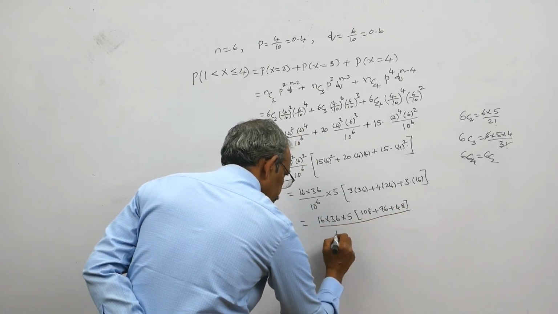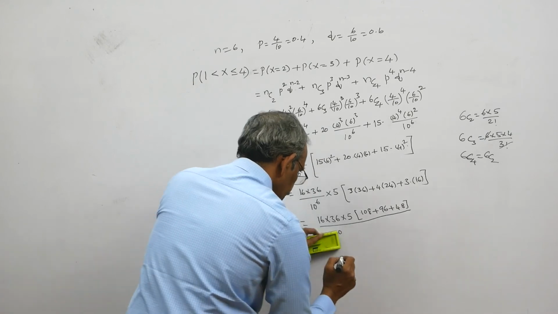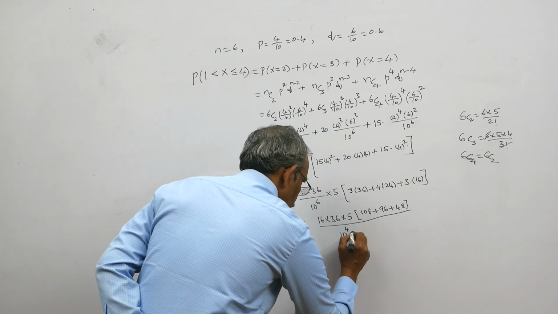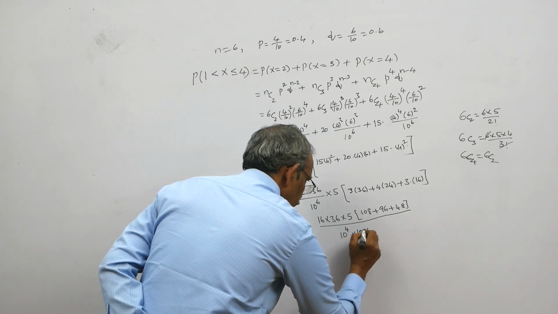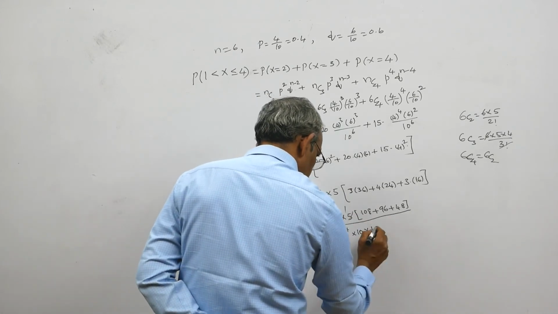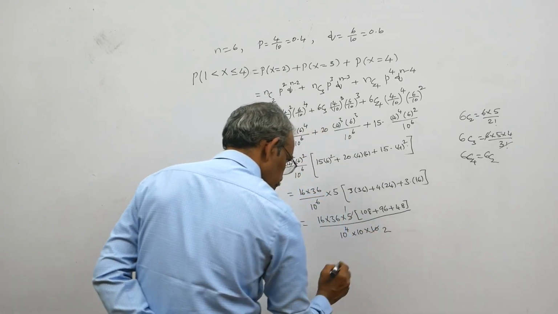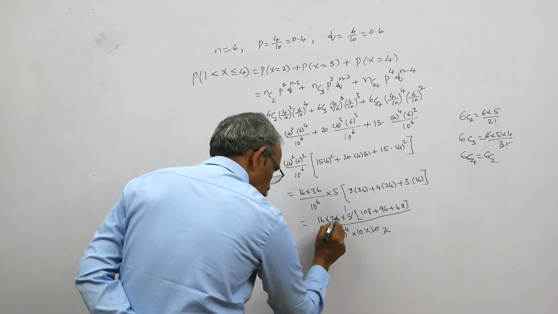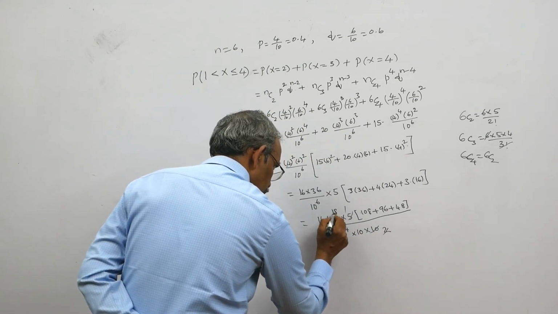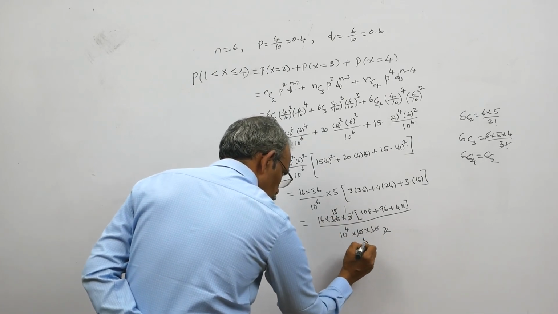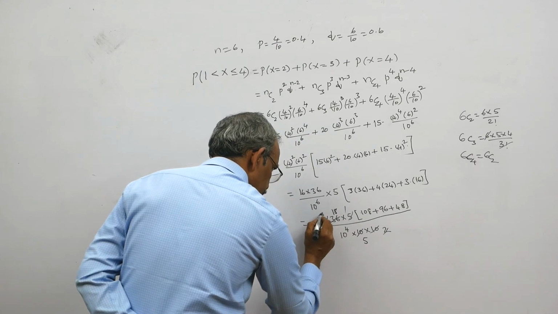All by 10 to the power of 4 into 10 into 10. Here there are 5 ones, 5 twos, and also 2 18s. Here 2 5s, 2 8s.